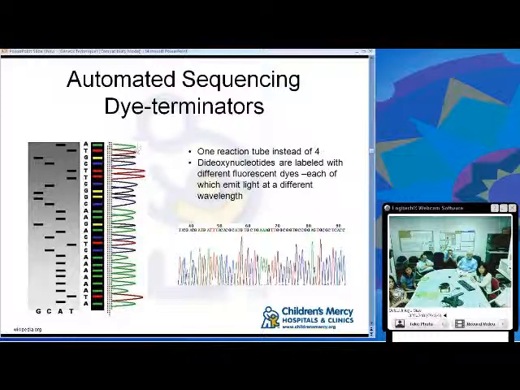And so you can read the sequence based on the colors. So if you were to submit your DNA sequence to a service that does this, this is the readout you would get back. You see all these peaks here, and the different colors correspond to the different nucleotides, and then they'd have the actual sequence up here that you could read.